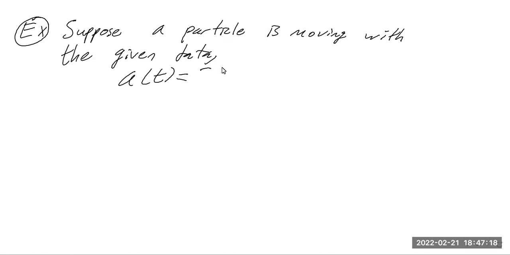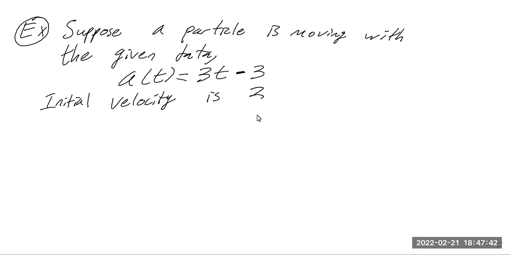Acceleration is equal to 3t minus 3, the initial velocity of the particle is going to be 3 again, and let's say the initial position is 0.